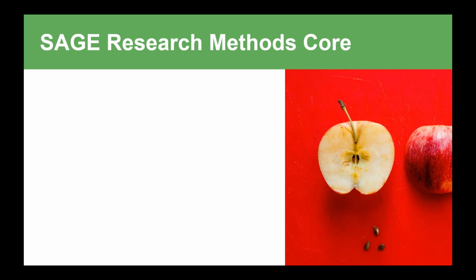So the elements of the database that you have access to at Stellenbosch University is what we call SAGE Research Methods Core, which is the really foundational, fundamental elements of SAGE Research Methods as a database.